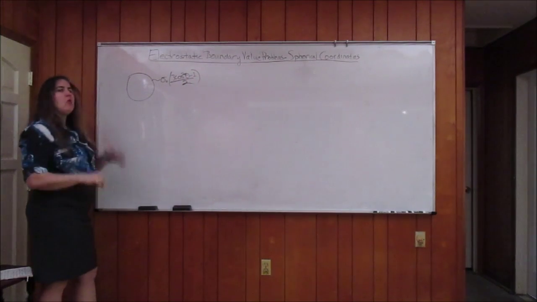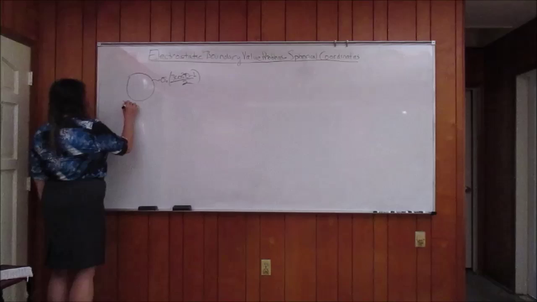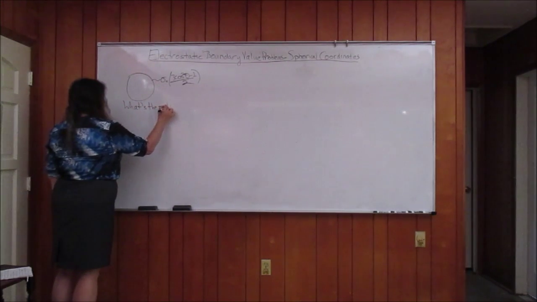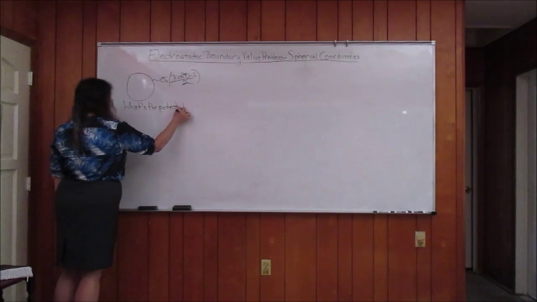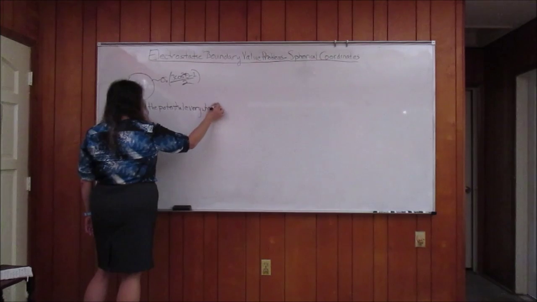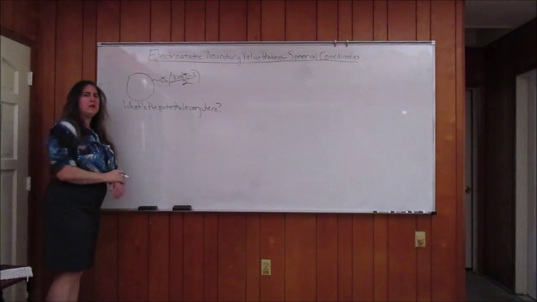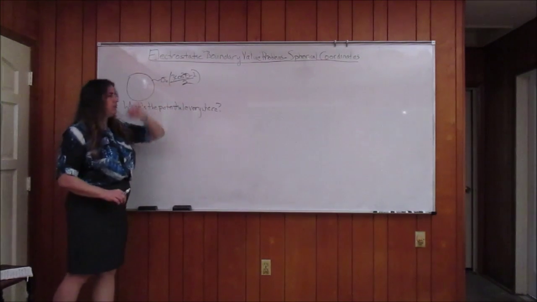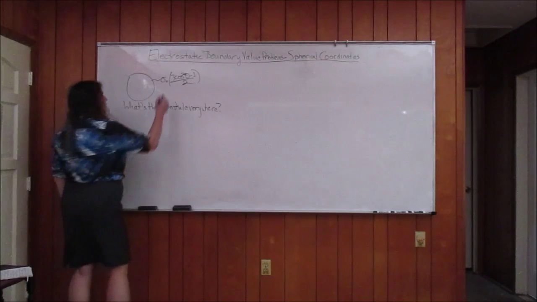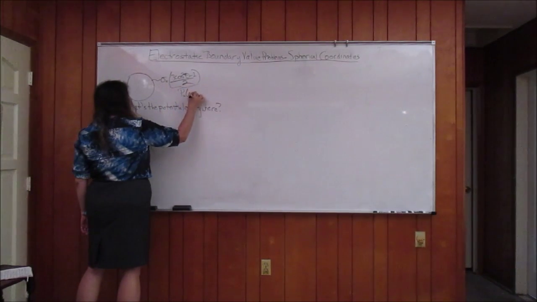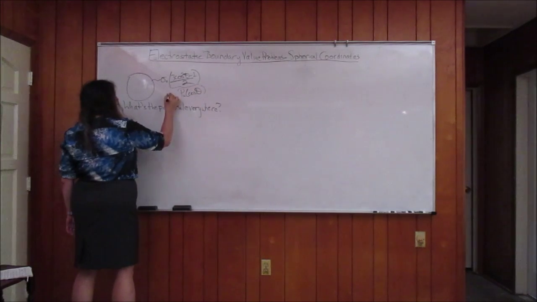And I want to figure out what's the potential everywhere, both inside and outside. Inside it won't vanish anymore. So if you look at this expression here, you'll see immediately that this is equal to the second order Legendre polynomial.